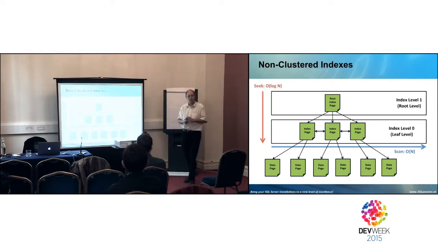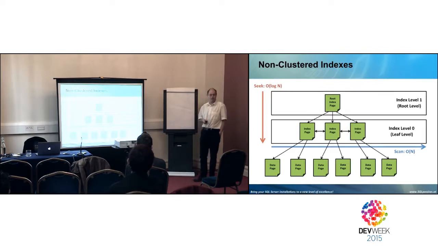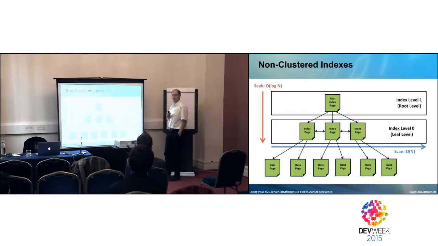SQL Server adds the clustered key value, the column on which you have created your primary key constraint, into that leaf level. So when you create your primary key constraint on a unique identifier value, which is 16 bytes long, very, very large, you also add that unique identifier value in every non-clustered index, at least in the leaf level.